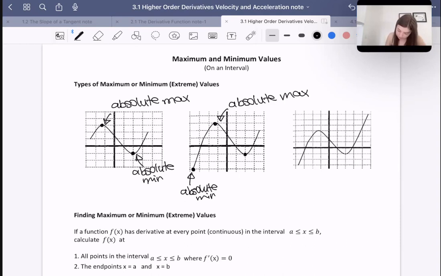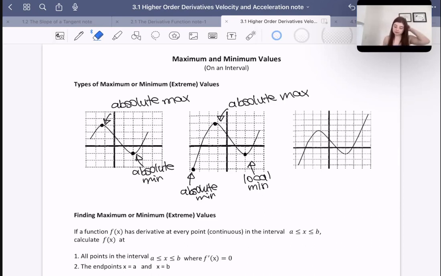However, this point over here, this is still the minimum in the area. It's still a turning point where we switch from decreasing to increasing in value, right? And so this is still a minimum. It's just called a local min or a local minimum because it's not the absolute lowest point. It's just the lowest point in that specific part of the graph.